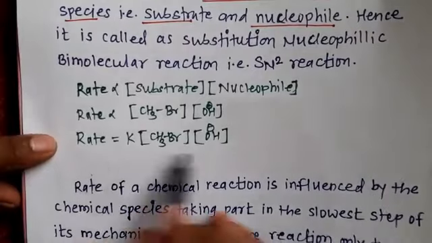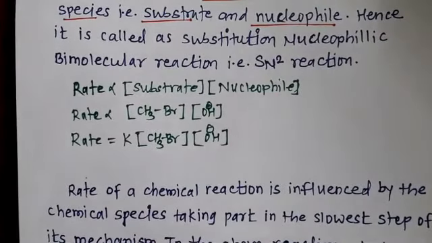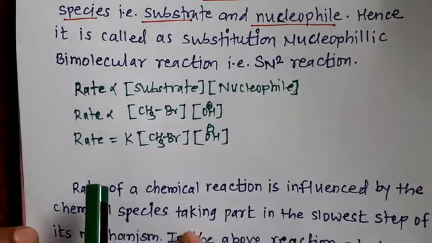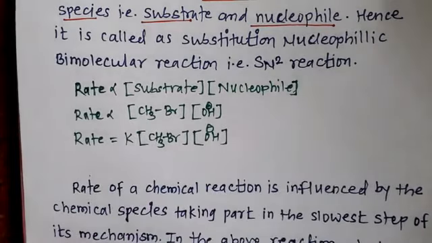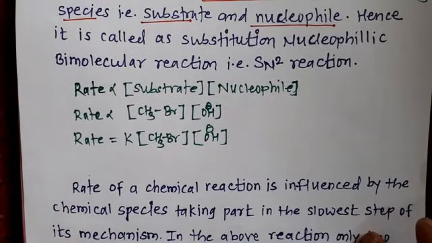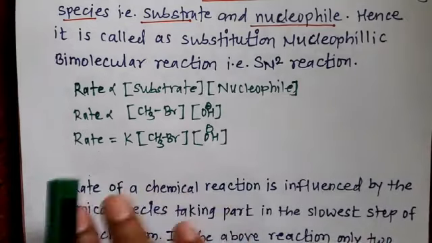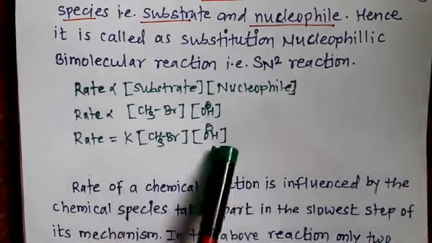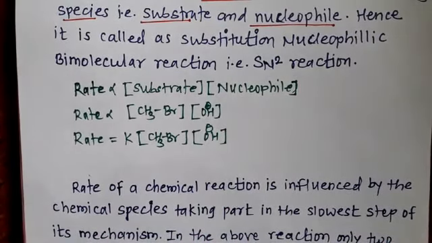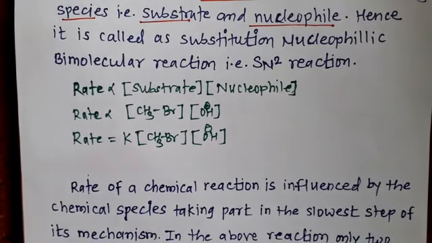As we consider this rate equation, it indicates that the rate of this chemical reaction is influenced by the concentration of both these reacting species. These reacting species take part in the slowest step of the mechanism.